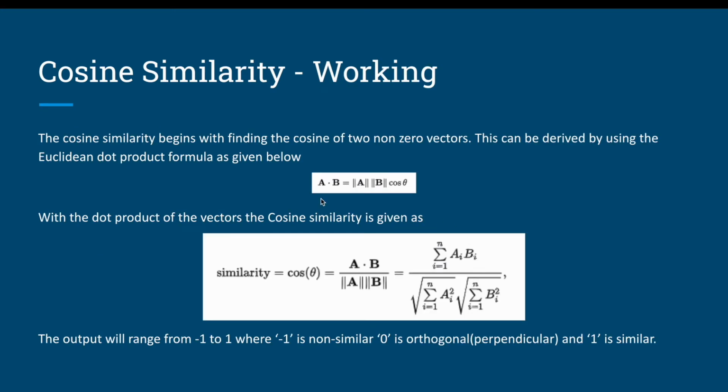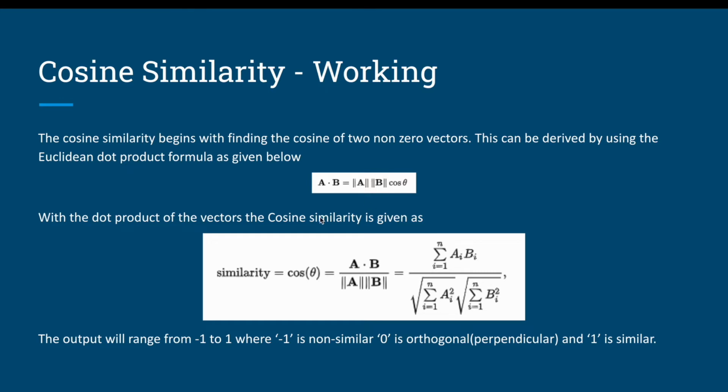The cosine similarity begins with finding the cosine of two non-zero vectors. Here is the formula for the dot product of two vectors, a dot b, where a dot b is equal to the magnitude of a multiplied by the magnitude of b, multiplied by the cosine of the angle between them.